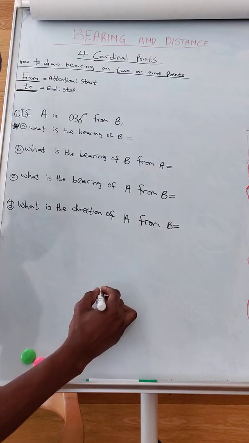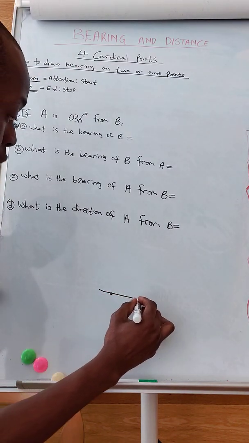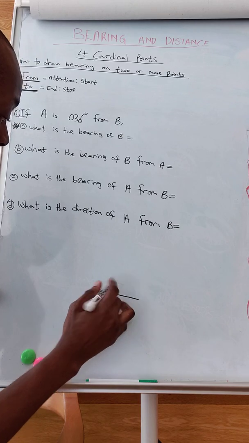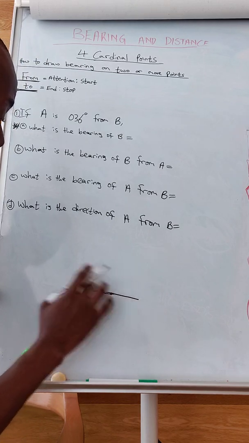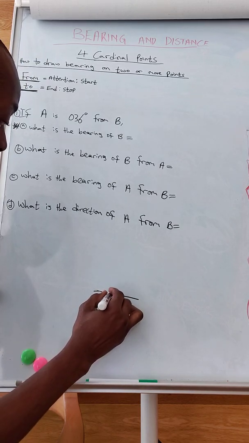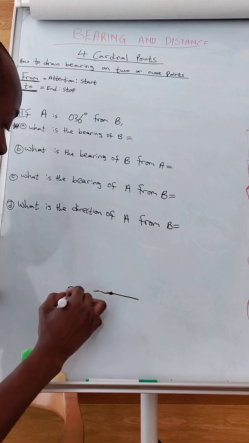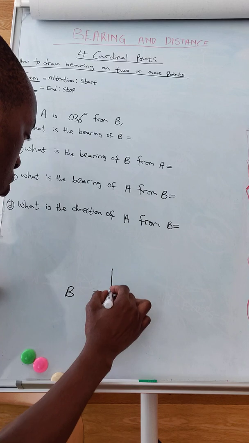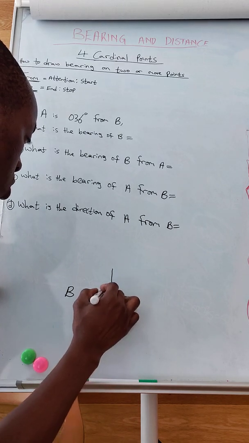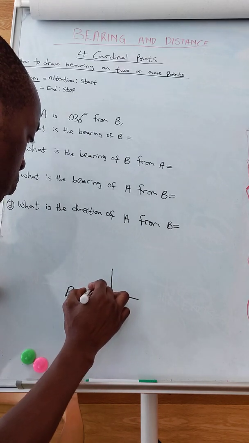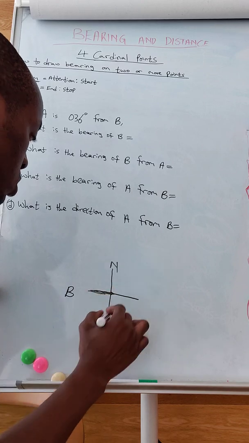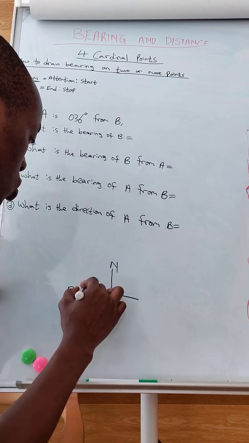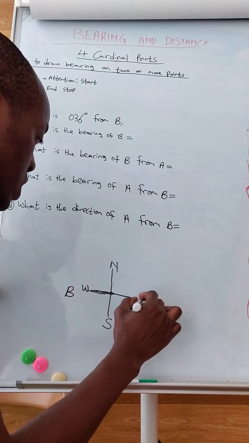So are we together now? We draw our horizontal line. Don't forget, this point is what? Point B. Then, what are we going to do next? We draw the four cardinal points on that point B. This is north, south, west, and east.